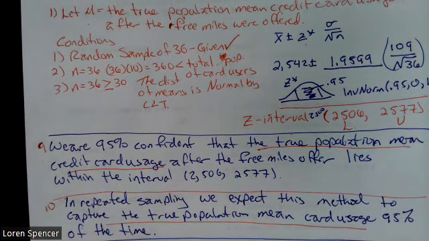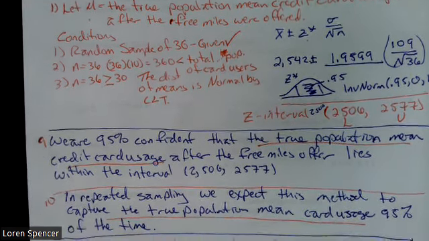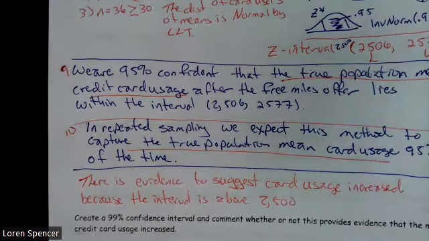Why? Well, because the interval is above 2,500. All right. So there is evidence that suggests card usage increased because the interval is above 2,500.